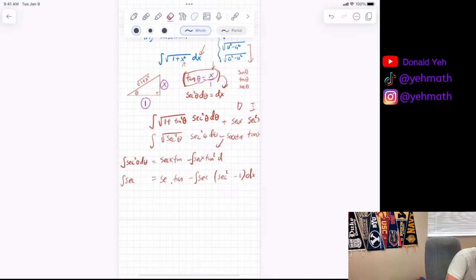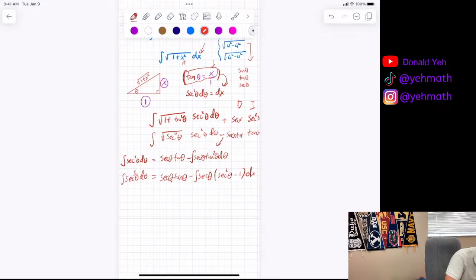This is really important. They should be in theta because we have to convert back to x later.